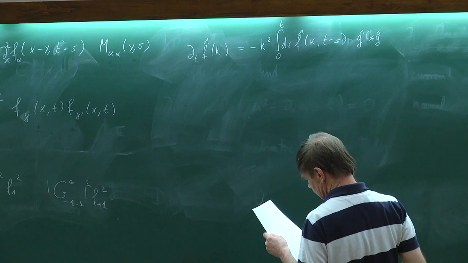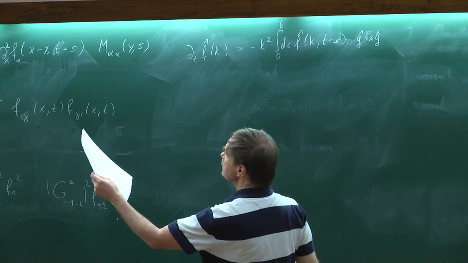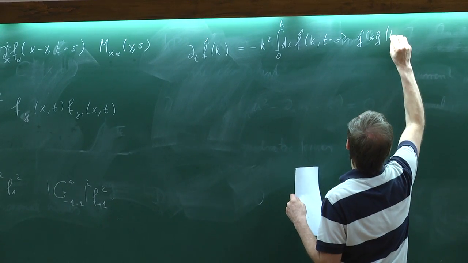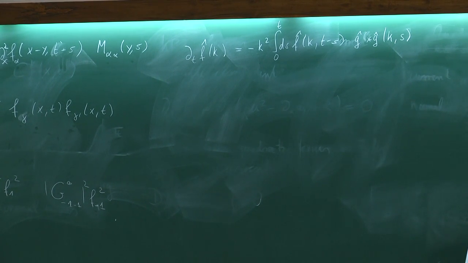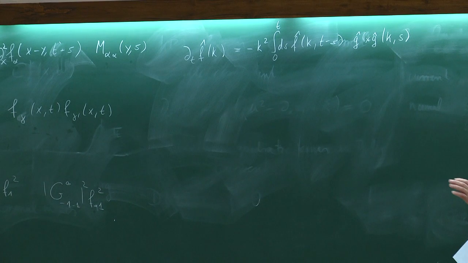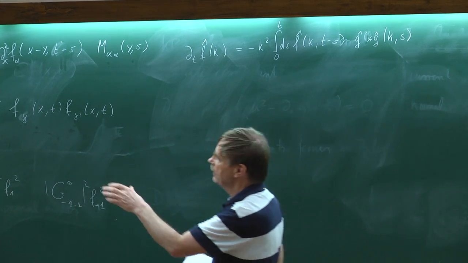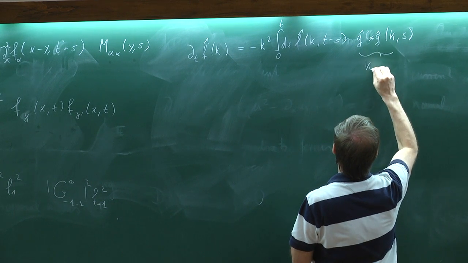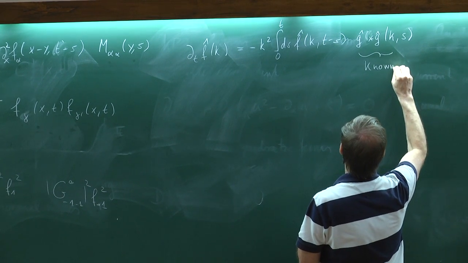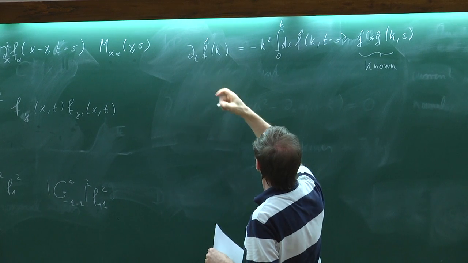And of course, what was a convolution before is now a product. It will just have that particular structure. I've just written down what I was trying to say in words: that I know these functions, so this is known, and the f I want to compute.